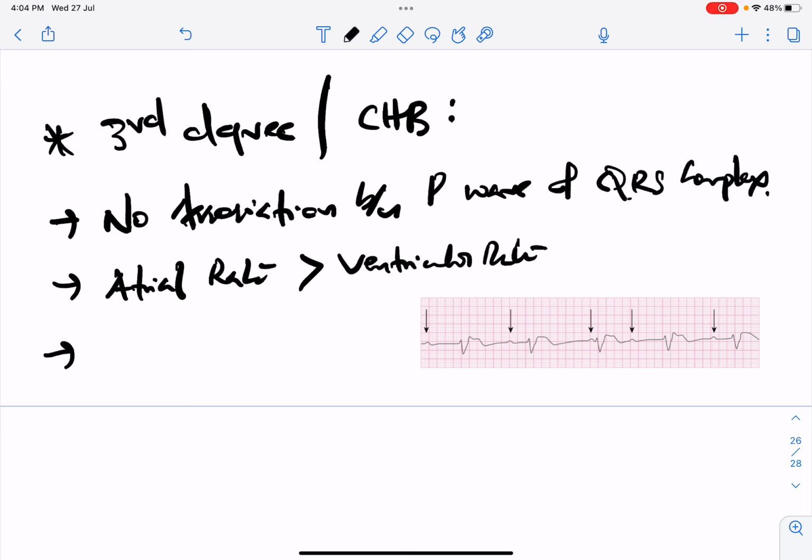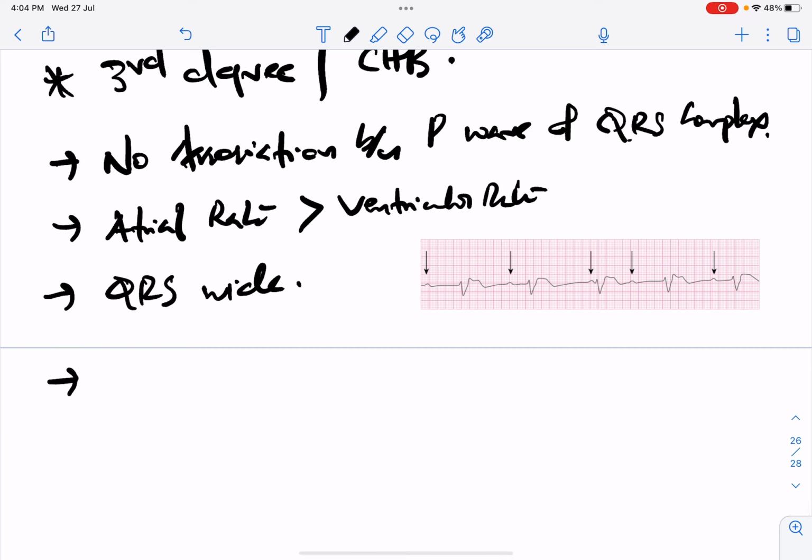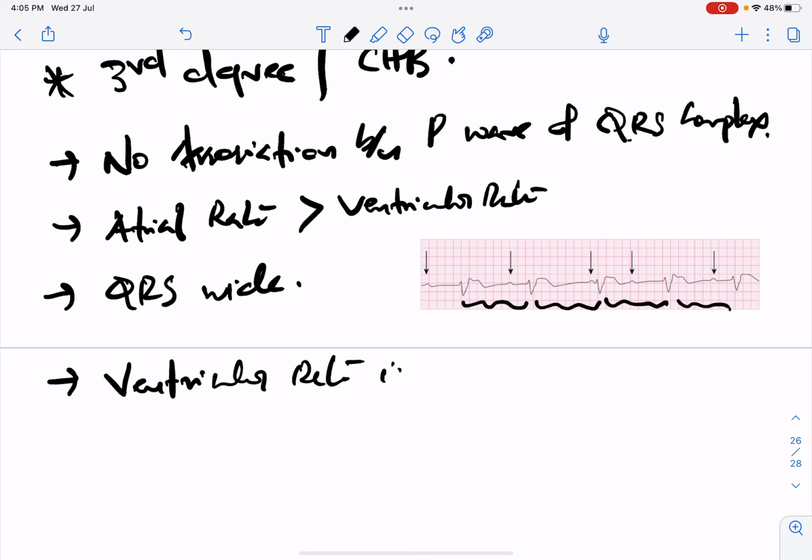The QRS complex will be wide, as the beat is originating from the ventricle, and the ventricular rhythm will be regular. The RR interval will be the same. You can see it is the same throughout the ECG. So the ventricular rate is regular.